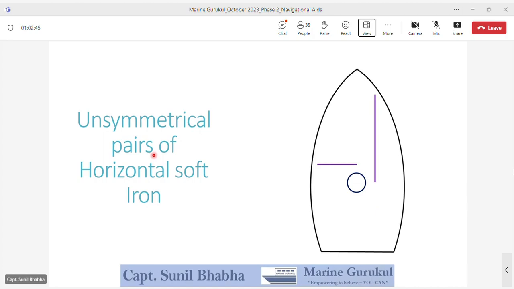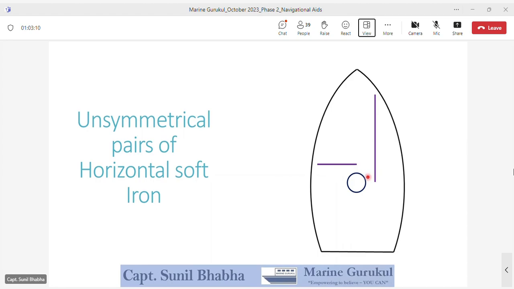So the first thing to note is that coefficient A requires a pair. Pair means there should be a combination of fore and aft as well as athwart ship horizontal soft iron. The second thing which is required is that these horizontal soft iron should be unsymmetrical. Now, what do we mean by unsymmetrical?